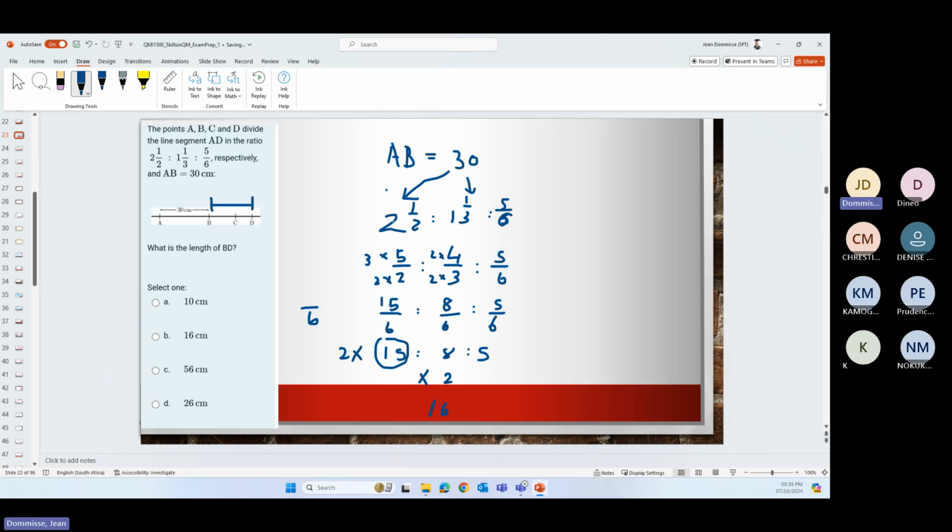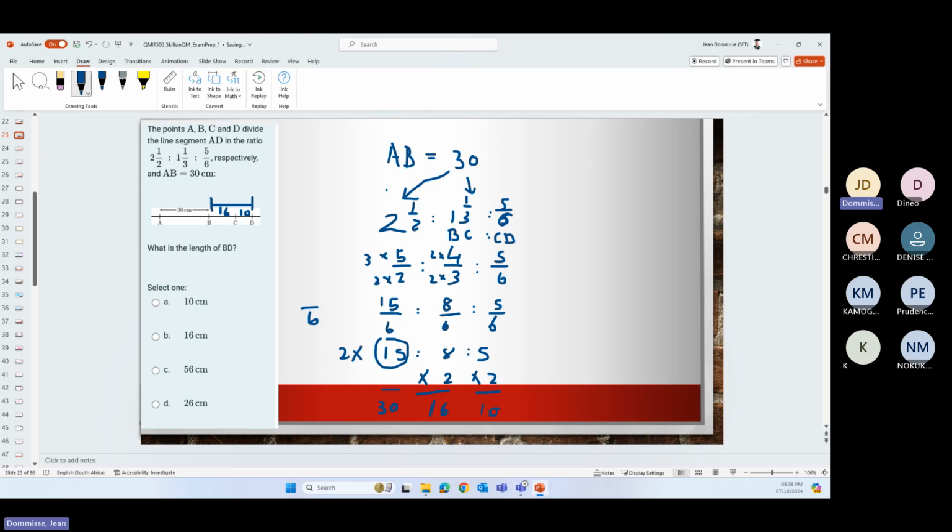So what was that? BC. And then if I want the length of CD, I need to say the 5 times 2 will give me that length. Okay, so we will then have the lengths as 30, 16, and 10. So 30, 16, and 10, and then they can ask us a few things.